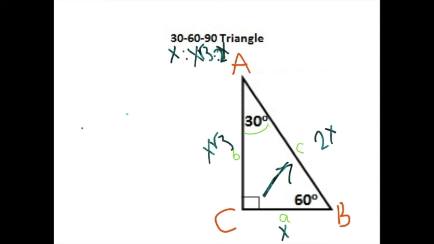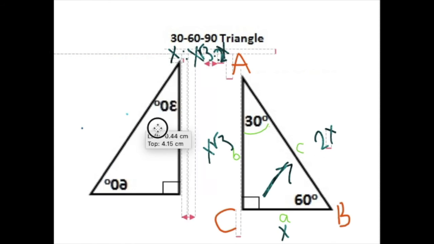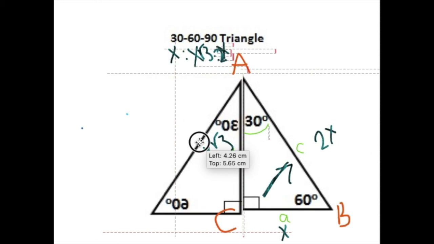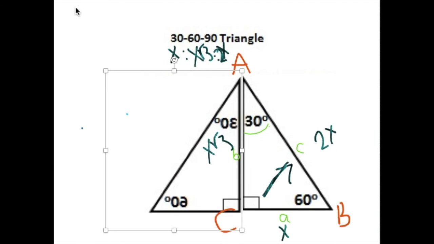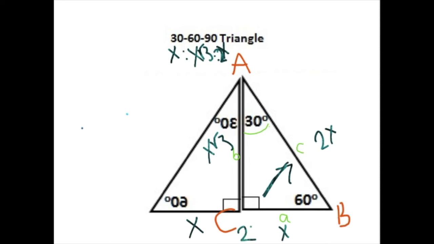So if we bring back the good old duplicate here, this side is x and this is also x, so they both add up to 2x, the same length as side C, and this kind of helps you understand where this ratio is derived from.